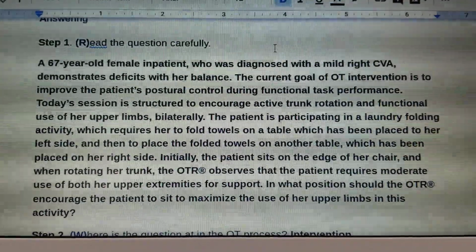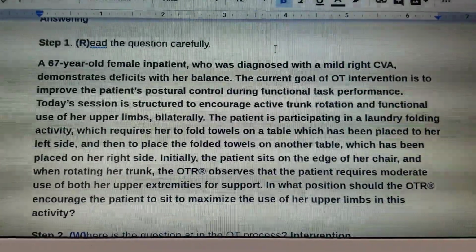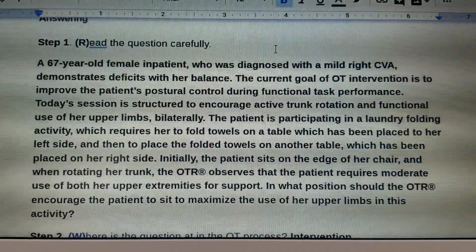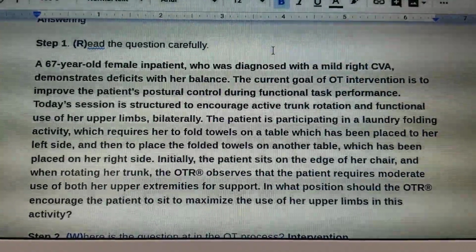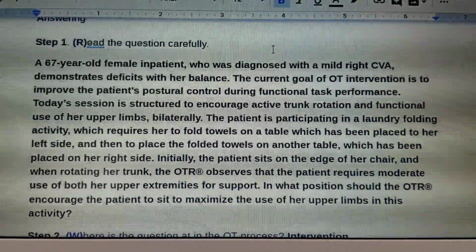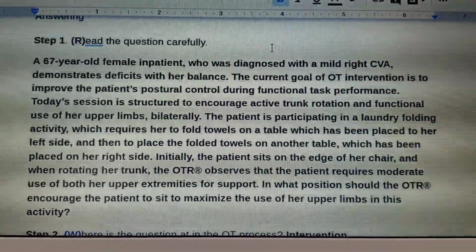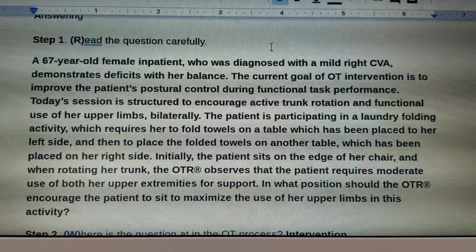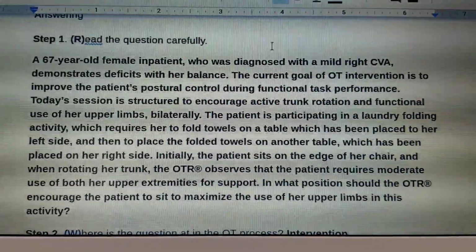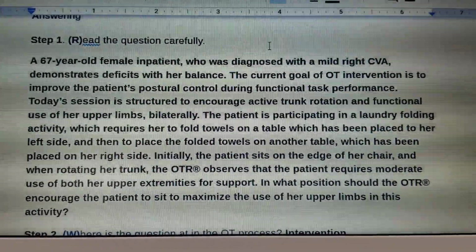A 67-year-old female inpatient who was diagnosed with a mild right CVA demonstrates deficits with her balance. The current goal of OT intervention is to improve the patient's postural control during functional task performance. Today's session is structured to encourage active trunk rotation and functional use of her upper limbs bilaterally.